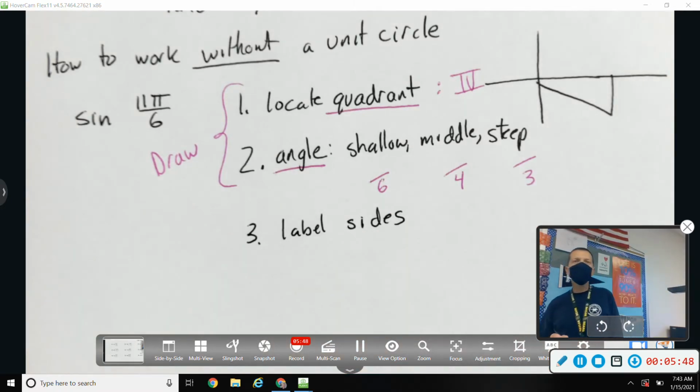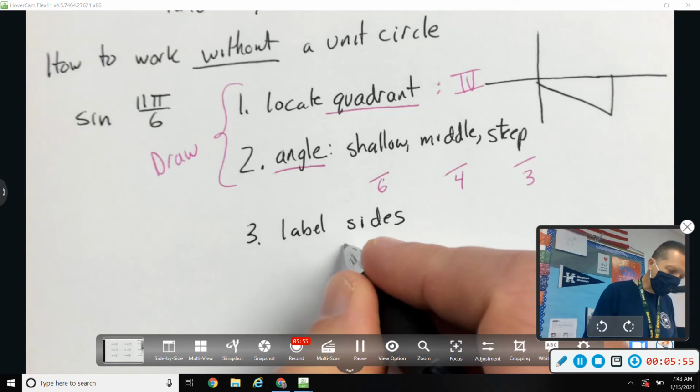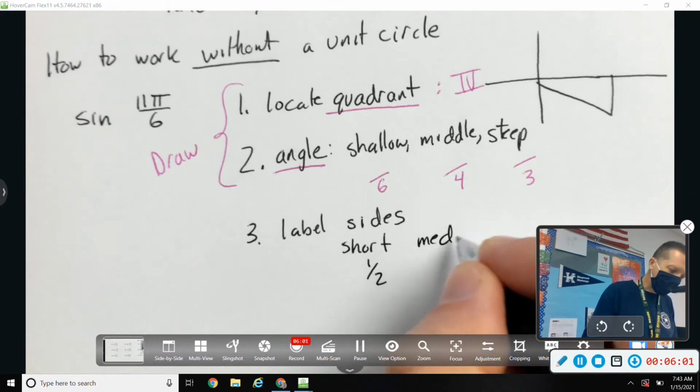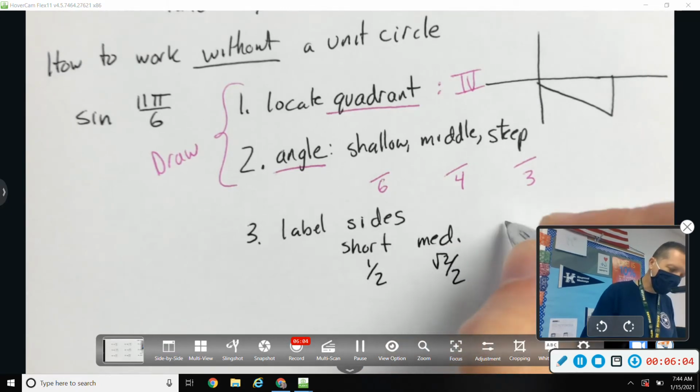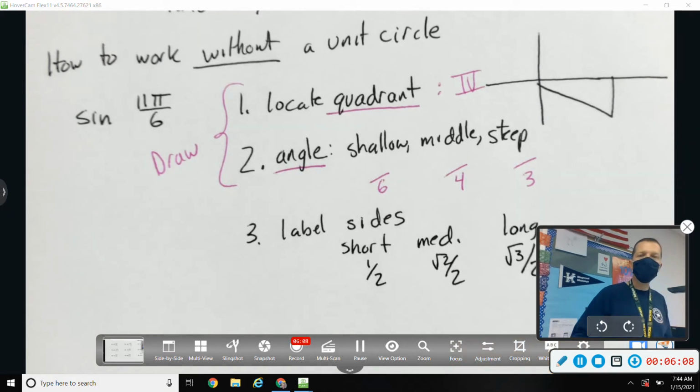Next, I'm going to label the sides. Well, I don't remember what side lengths are. Well, there's only 3 choices. The short sides are 1/2. The medium sides are root 2 over 2. And the long sides are root 3 over 2.